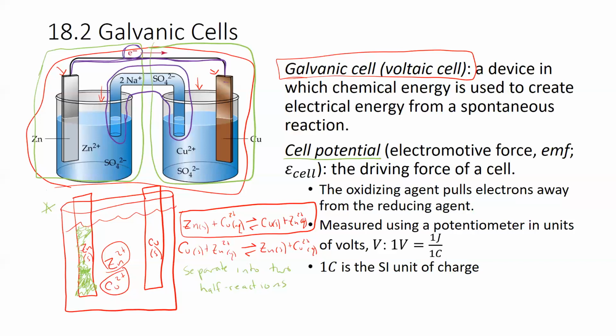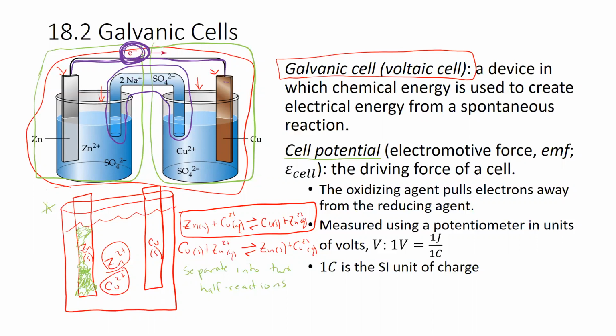And so by separating this overall chemical reaction into two half reactions that are connected, you can control how that oxidation occurs and actually do something really useful with those electrons. That's the key here: do something useful with the electrons that are moving from one place to another.